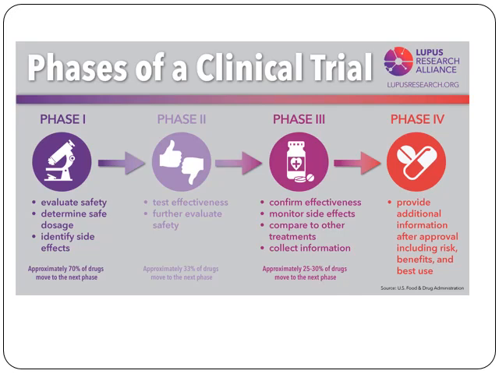A phase 2 trial is conducted on patients. It is done to test the effectiveness of a medicine and also to evaluate further the safety of the medication. Then moving to the phase 3 clinical trial, which confirms the effectiveness of a medication, which means whether the medication the patient is consuming is really effective or not.